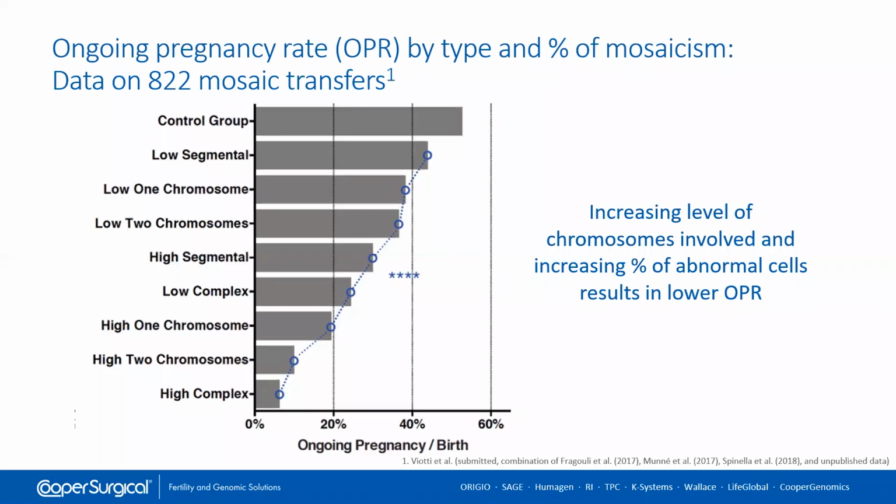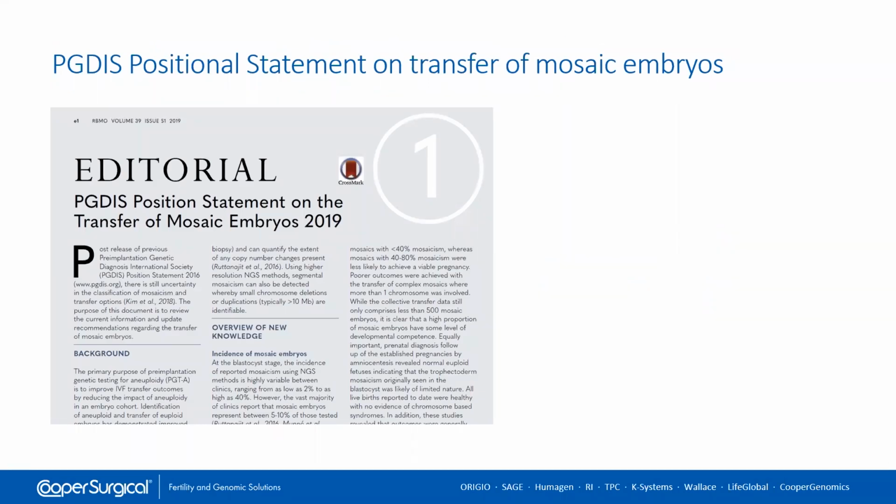But as soon as we get to high chromosome and high level mosaicism, we really do see a big drop off in the pregnancy rate. So I think this is really showing that the level of mosaicism and the type of mosaicism, as we get more data, is going to greatly influence how we manage patients and transfers and the conversations which need to take place with the patients.